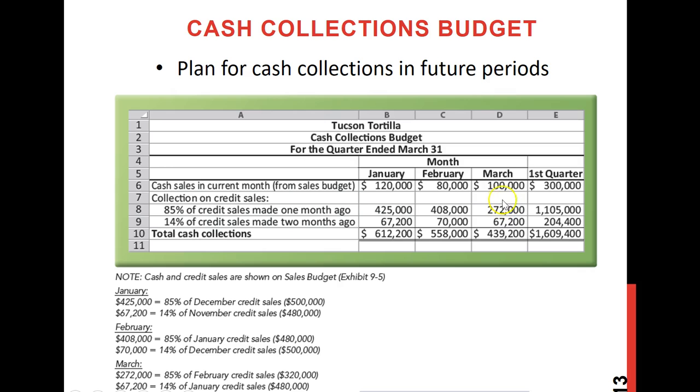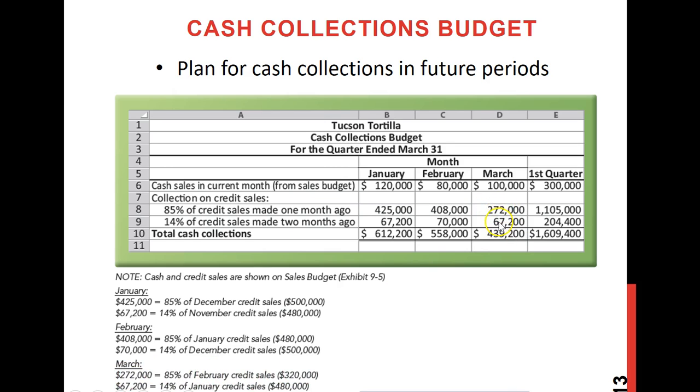For March, they will also list their cash sales, and of course they will check last month's credit sales. That means when they are doing the budget for March, they will check what was their credit sales in February. You will see the detail of the calculation is given here: 85% of February's credit sales they're gonna collect in March.